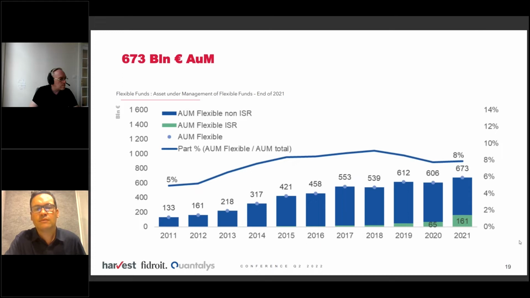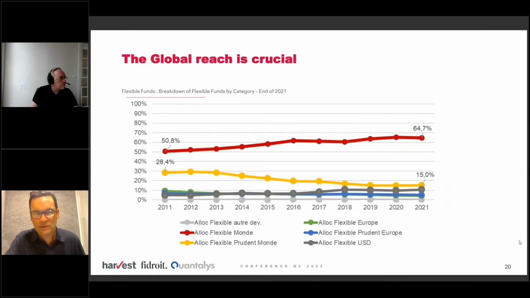Next slide, concerning the flexible funds, you have the global flexible funds investing globally, and the rest of the universe: 64% global flexible funds, and the rest, so one third, investing in other areas, such as European reach, etc. But the big chunk is the global reach, the global flexible fund category.